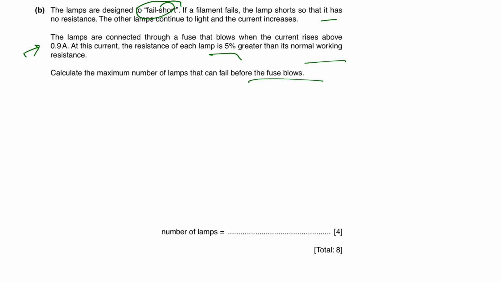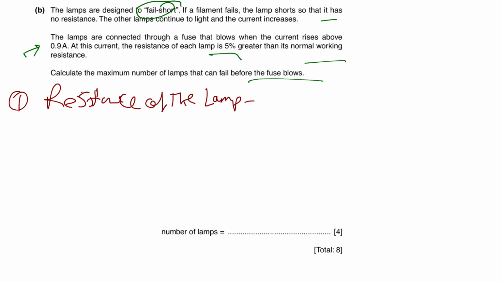So let's solve this question. First we have to find the resistance of the lamp. They have written that it is 5% greater than the normal working resistance. So 5% means 5 upon 100.